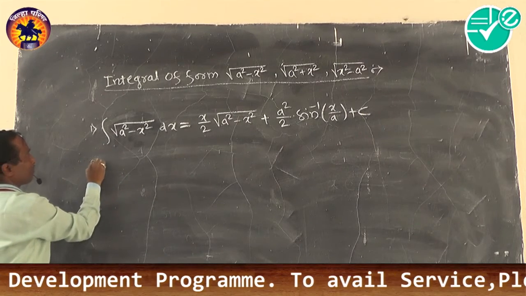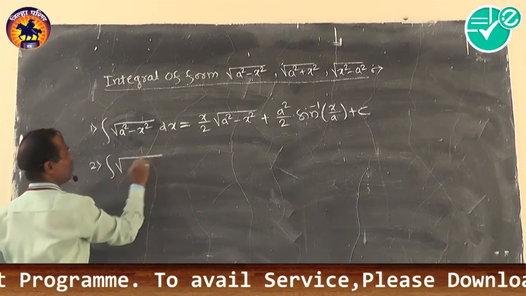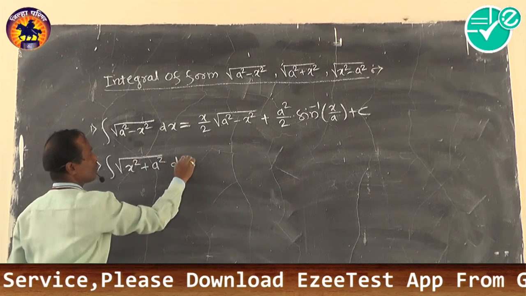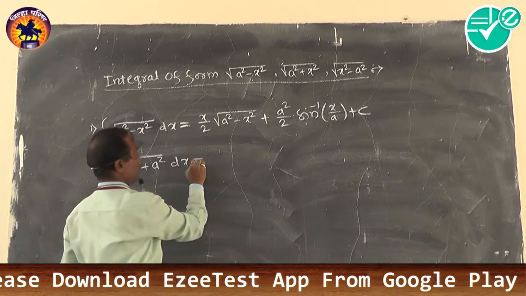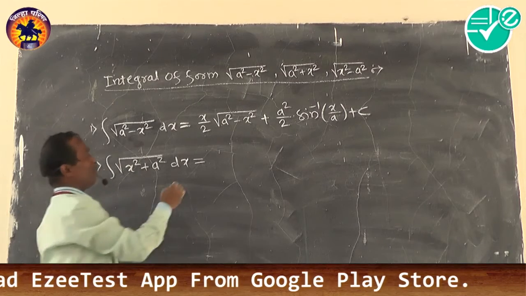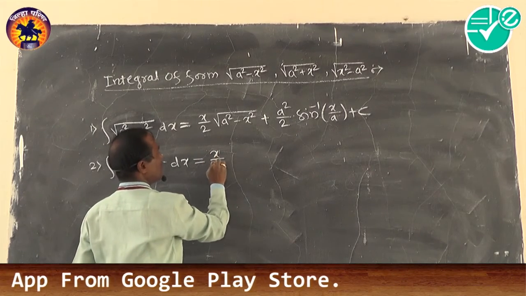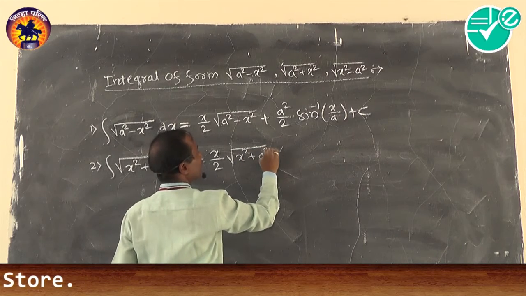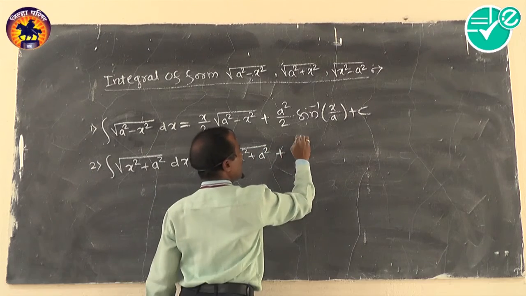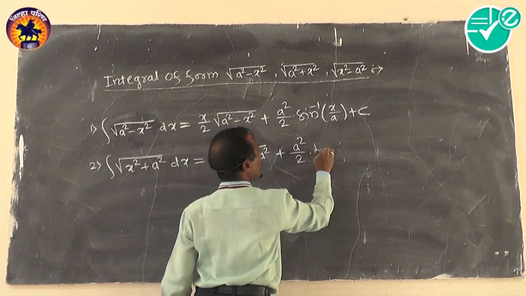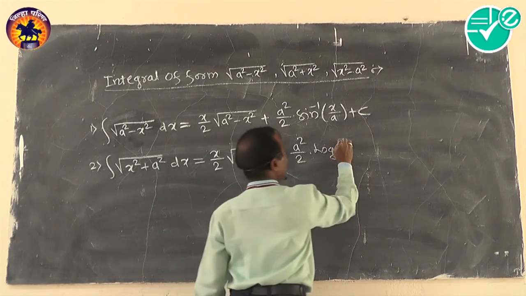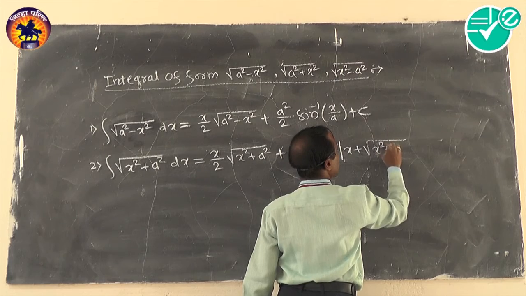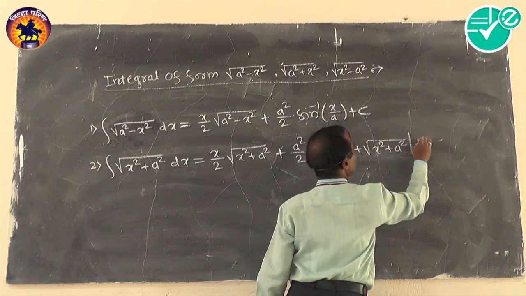Second one, integral of under root x square plus a square dx. The result of this example is x upon 2 into under root x square plus a square plus a square by 2 into log of (x plus under root x square plus a square) plus c.